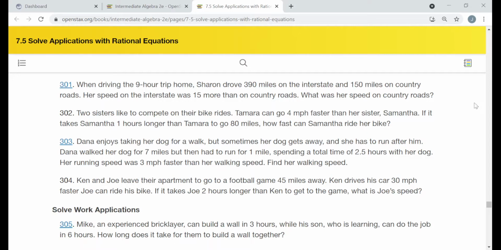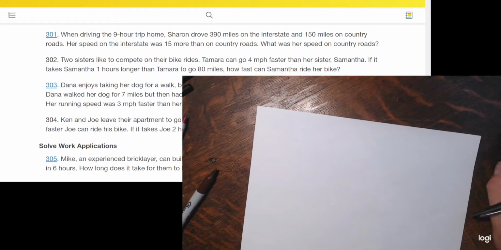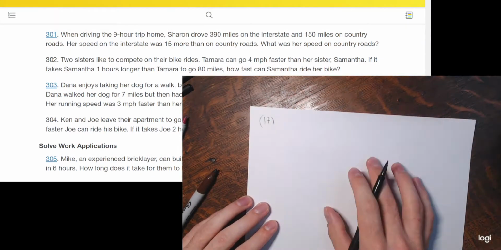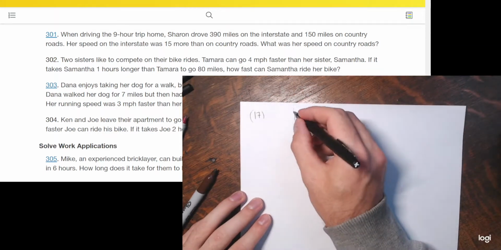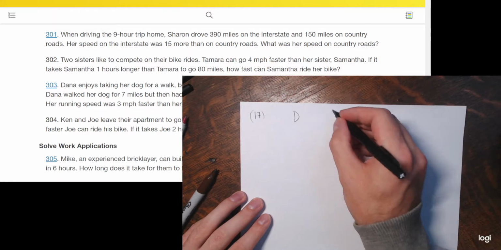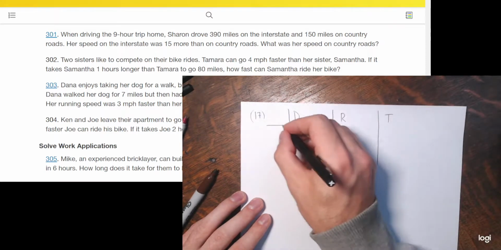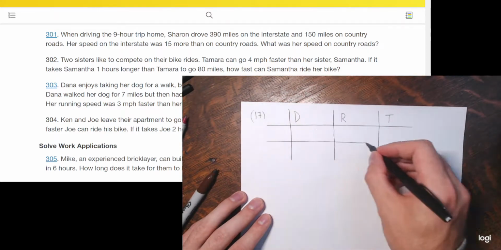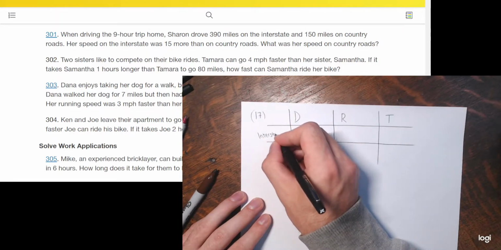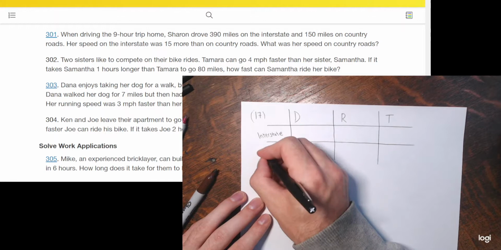Right, so again, I'll make my table. Right, this is example 17, exercise 301. So again, distance, rate, time chart. And the two trips being discussed here are on the interstate and then on the country roads.